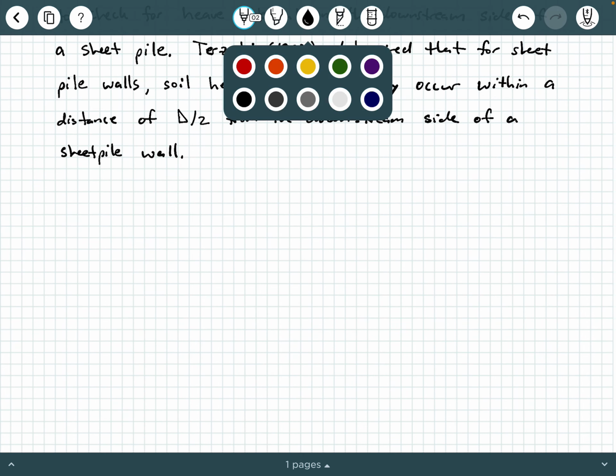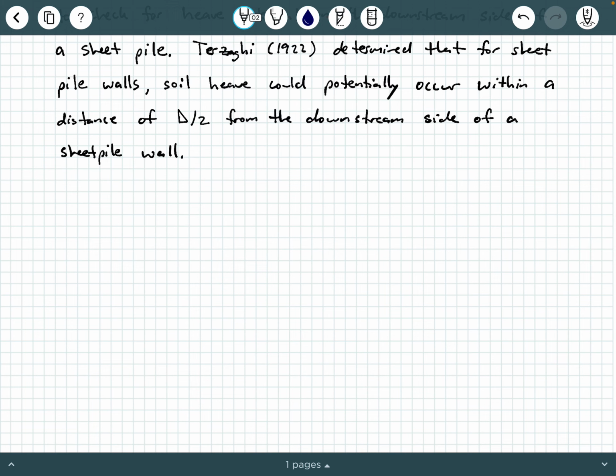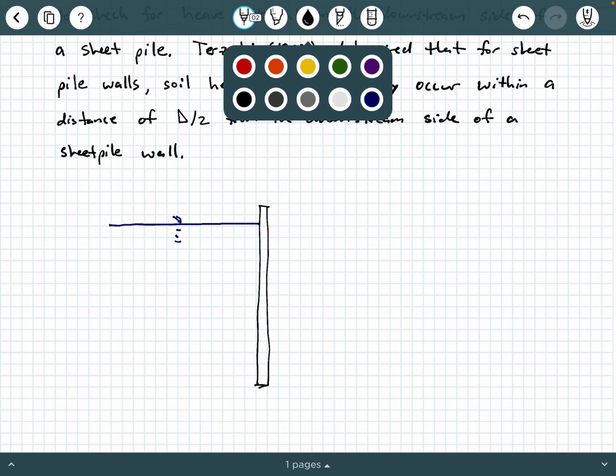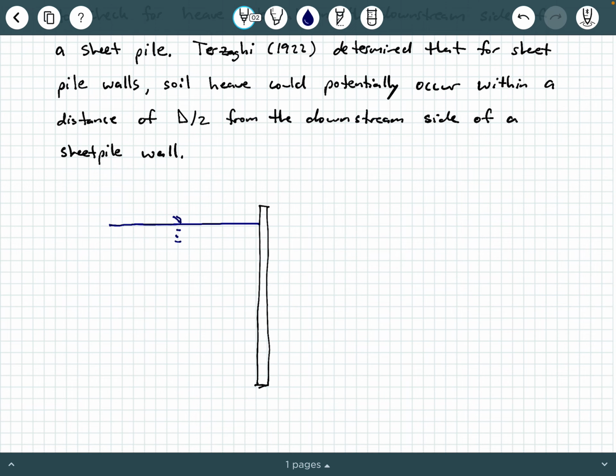Let's say that we have the water level here, and let's say that we have a sheet pile wall. Let me draw that a little bit better. Let's say we have a sheet pile wall here, and on the downstream side, the water level is maybe a little bit lower.